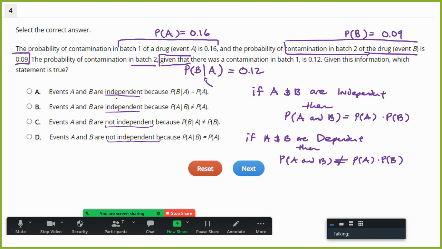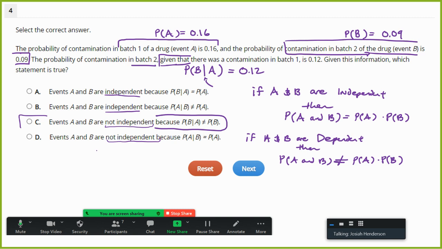Okay. So let's check out options C and D, because those are the two that some students focused on. Let's check out C here and see if that makes sense. Events A and B are not independent because probability of B given A is not equal to probability of B. I'm looking at this end of the sentence right here. And that's true in these numbers we have.